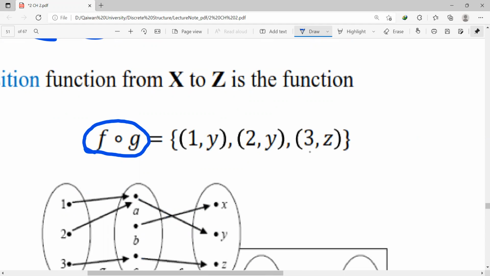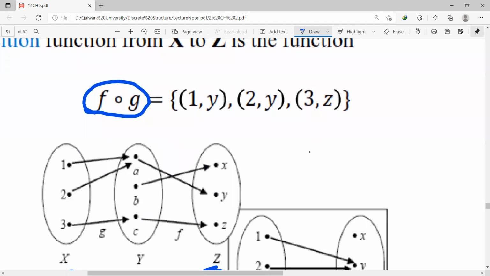Look here, what are the images of elements X in Z? How do you go? You go from here, it goes to here, and then this goes to there. That means the image of 1 is Y in the composition function.